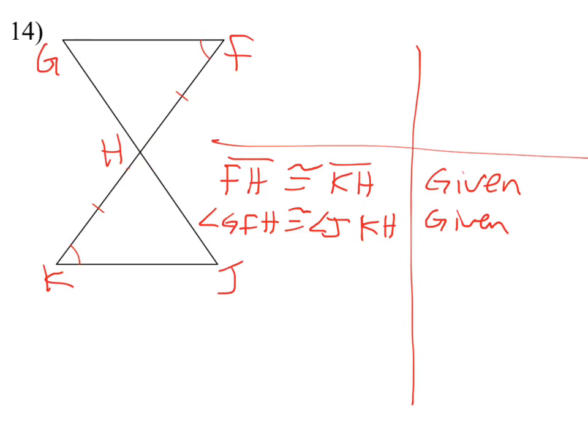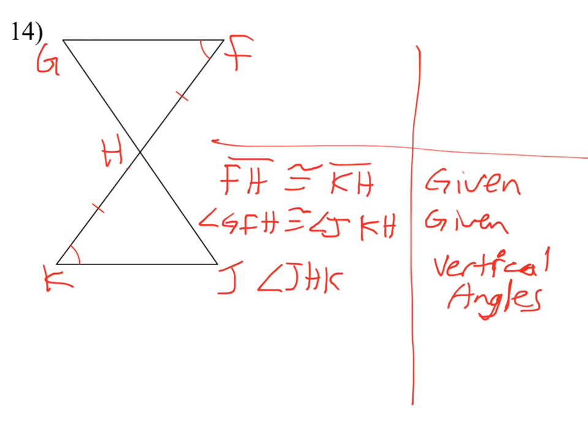And we only know that because those are called vertical angles. And so that looks like angle JHK is congruent to angle, I'm going to write this next line, angle GHF.